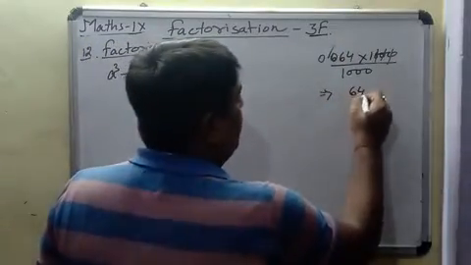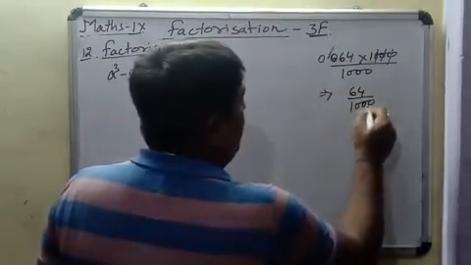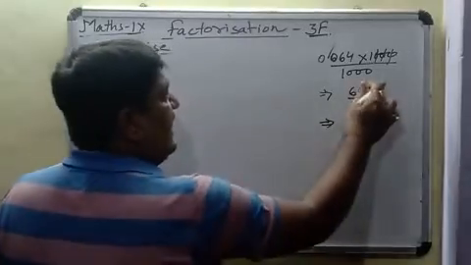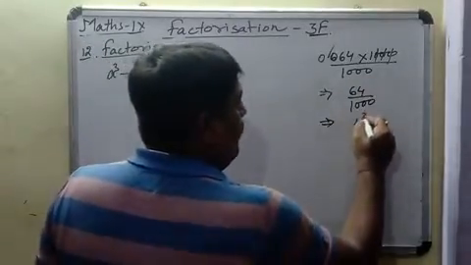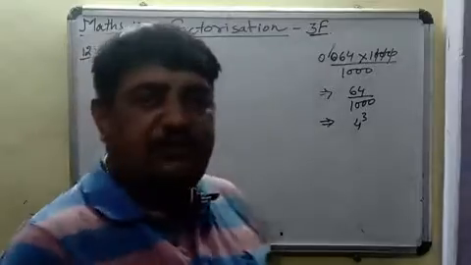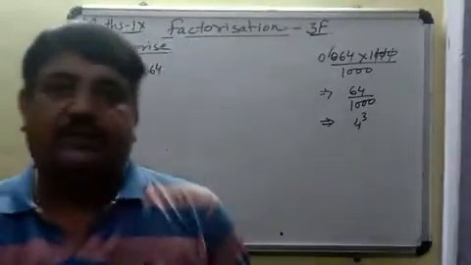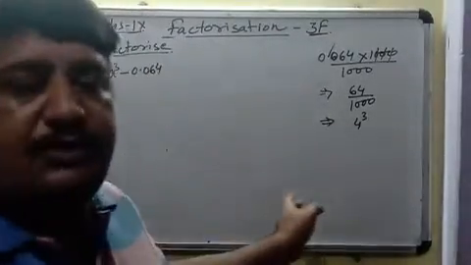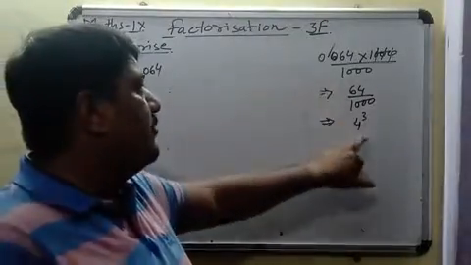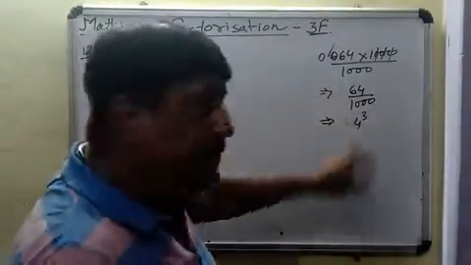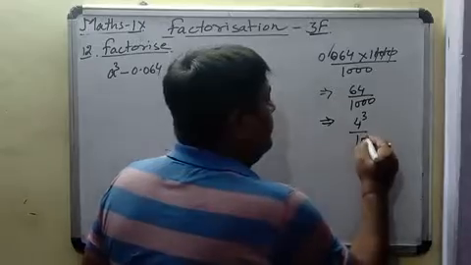It is now 64 upon 1000, and 64 stands for 4 cube. 64 means 4 cube. We have done this just in question number 2 or 3. 1000 means it is 10 cube.